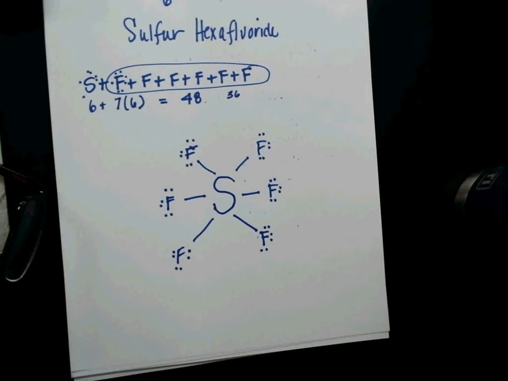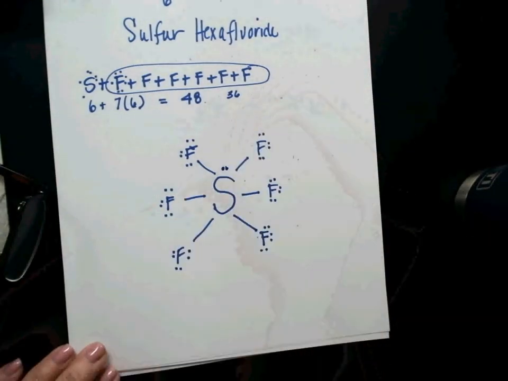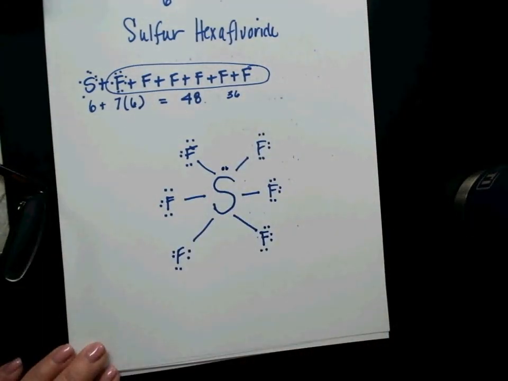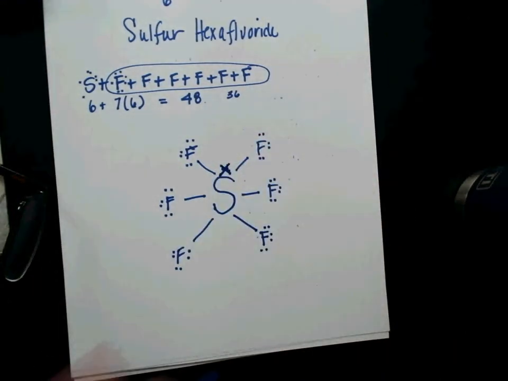No, there shouldn't be, so we don't have to worry about it. But always count and see if there are extras. I'm going to give you one later where there are. If there were extras, I would just come in and put them somewhere on sulfur like that. Usually we put them at the top first, but it doesn't really matter.